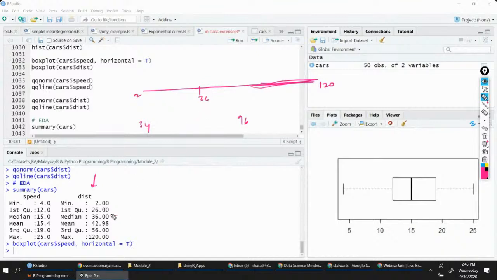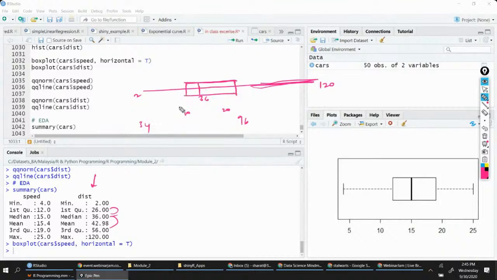Next, distance from 36 to first quartile. How much is this? 10 units. Distance from median to the third quartile? 36 to 56, so 20 units. So here we will also show the greatest.